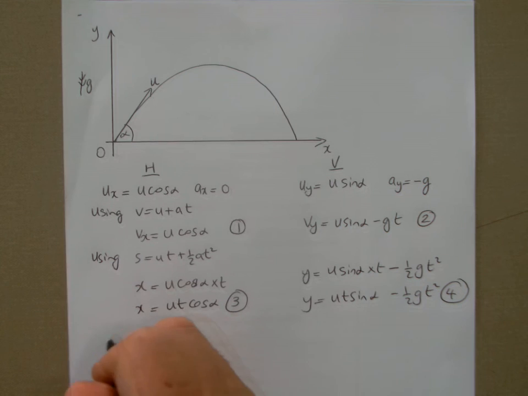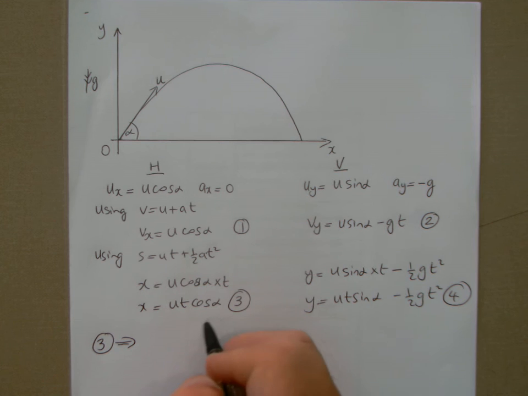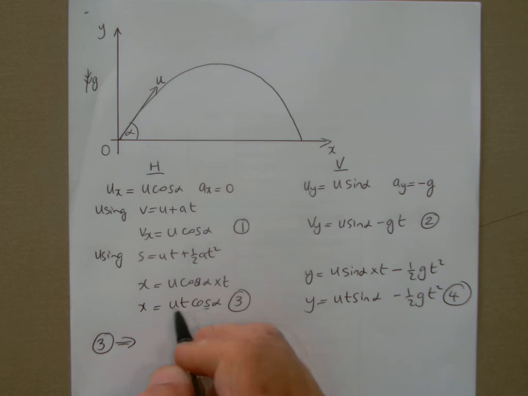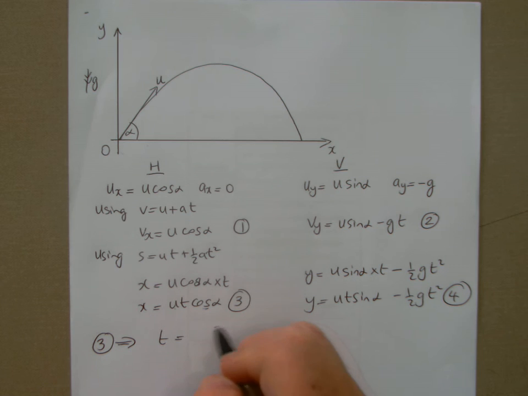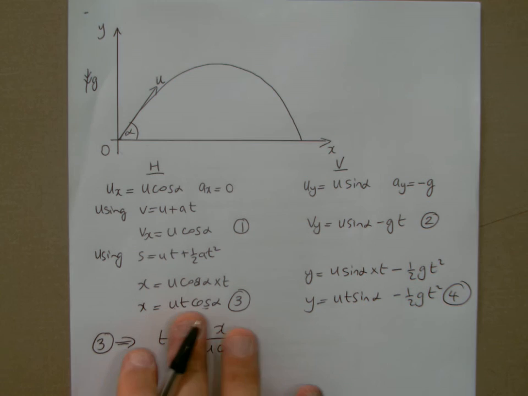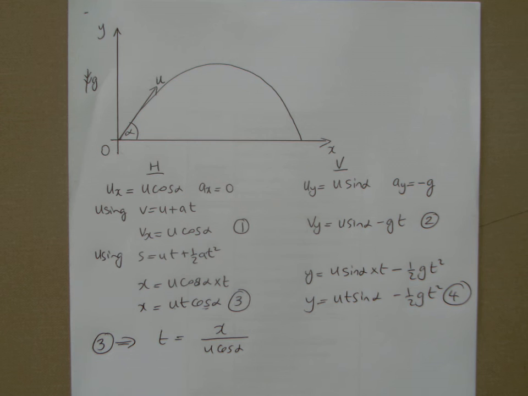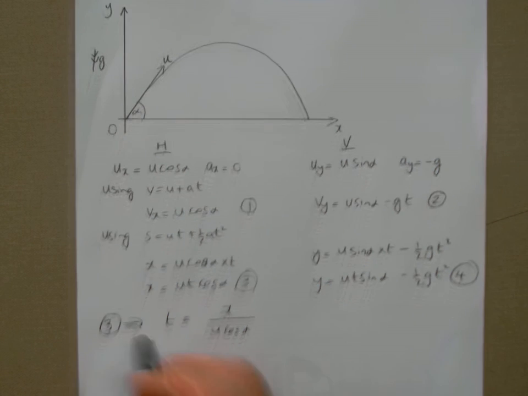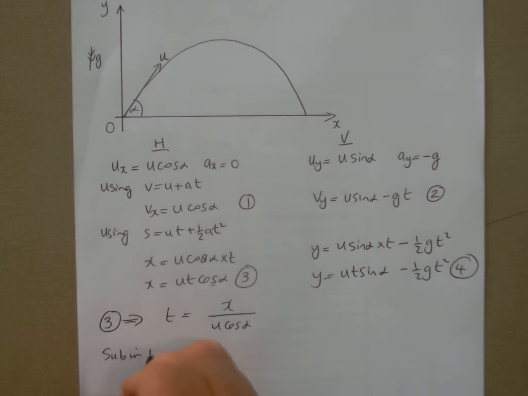So 3 will imply that I can rearrange it, taking u cos alpha down the other side, so I can have t equals x over u cos alpha. All I'm doing is dividing by u cos alpha, so that's what t is, and then I can sub it into equation 4.